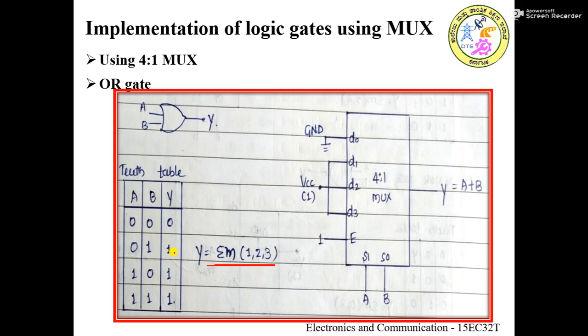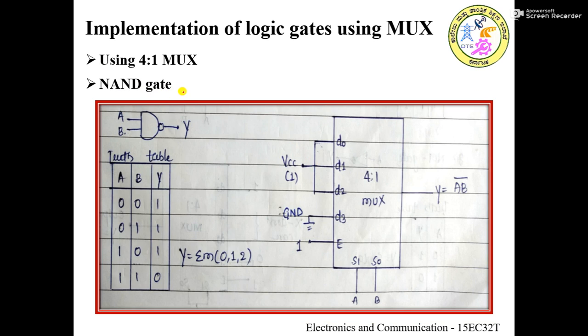For the next three successive combinations, these are 1, meaning D1, D2 and D3 are connected to VCC, and as usual enable is always connected to VCC. And if you verify the functionality of the 4:1 mux as per the input combinations here, we will get the same functionality as the OR gate.